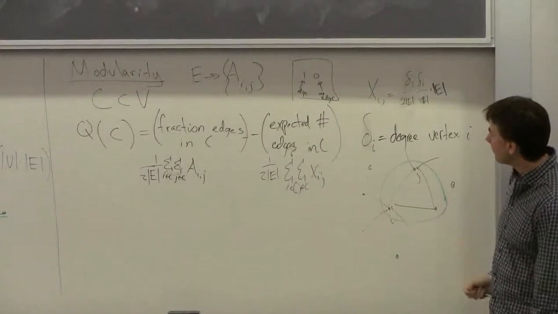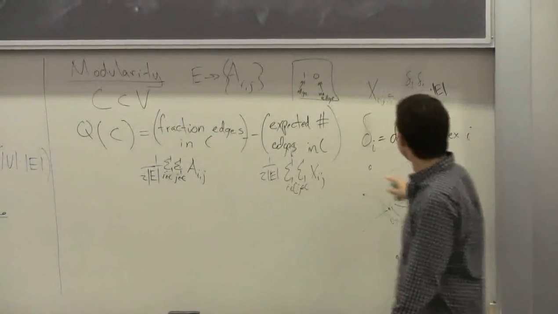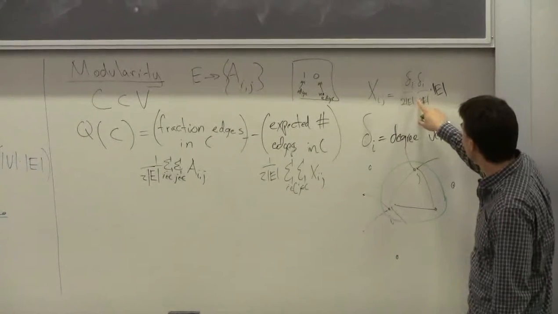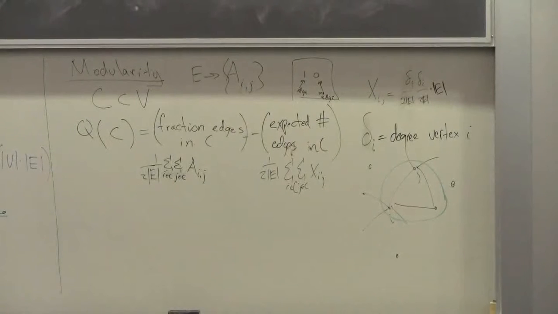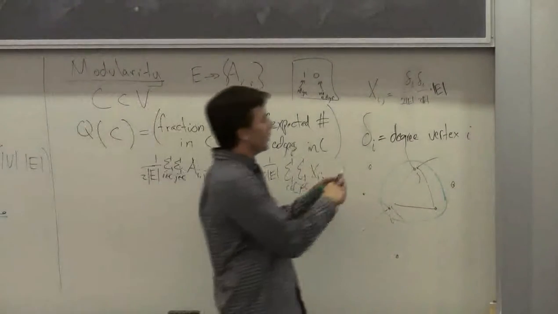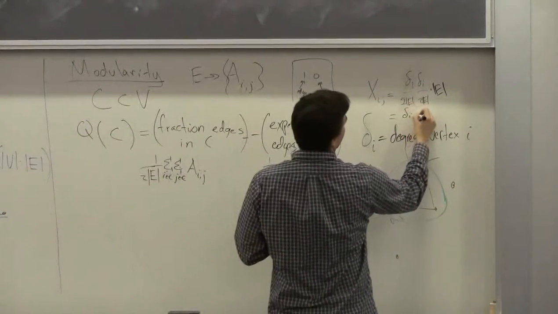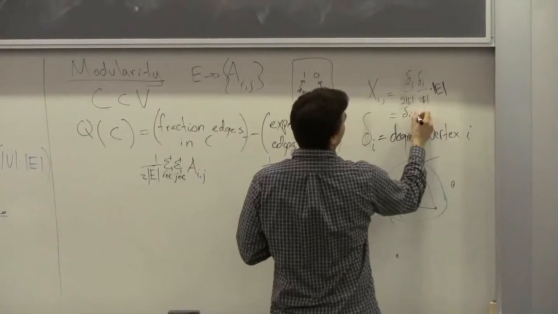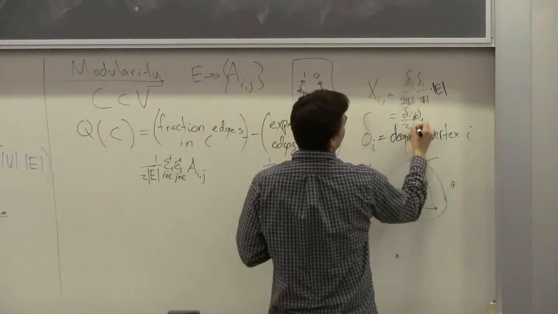I think I may divide through by 2 twice here. So often this is defined only divided through by 1 or 2. Yeah, so I think usually this is actually defined as delta i delta j divided through by 2.